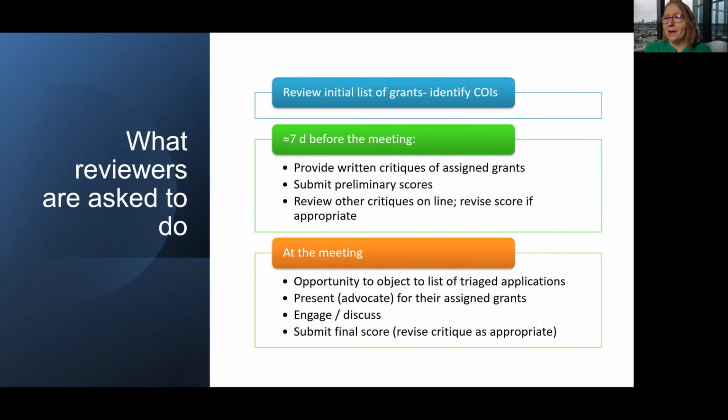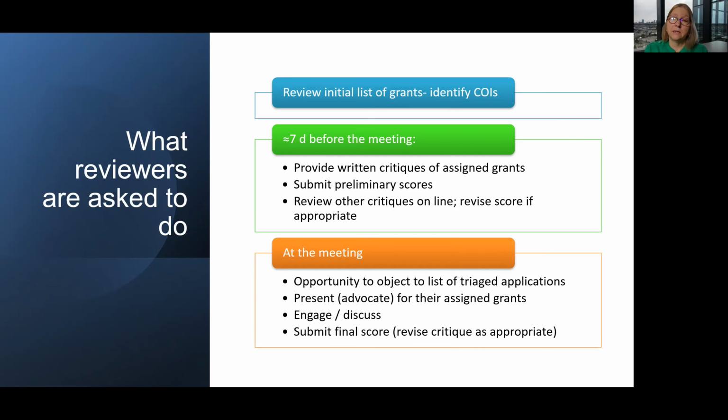And then about 7 days before the meeting, they're asked to provide their written critiques following a very structured format into an online system. What's interesting is that before they actually meet, there is a period after they submit their written critiques where they will also look at the written online critiques of the other two, the secondary and tertiary reviewers, and have an opportunity to reflect on whether they missed anything or want to take a look at their perspective of the grant.